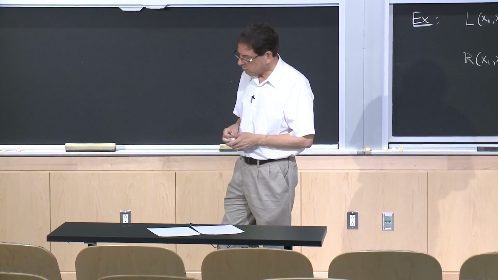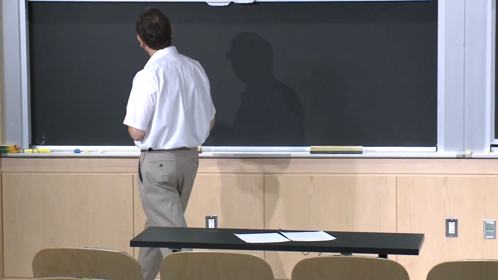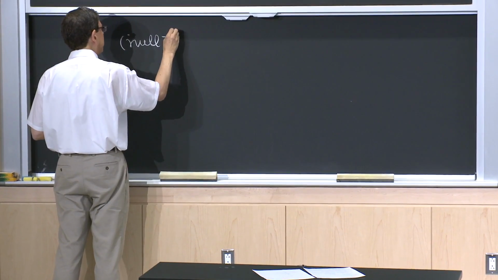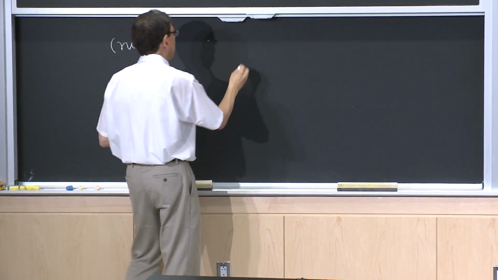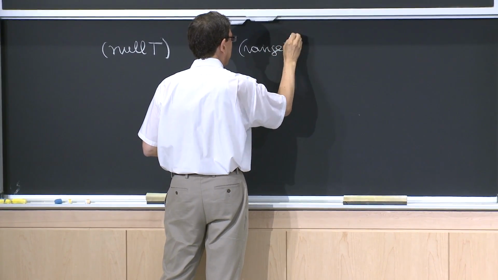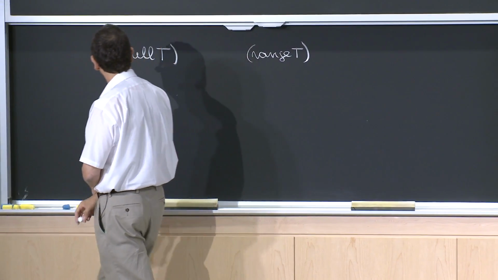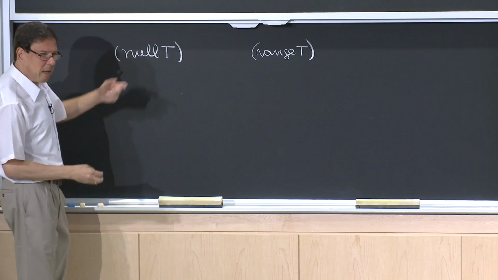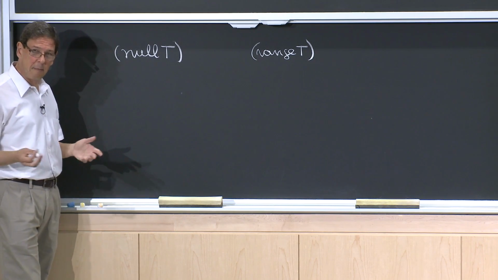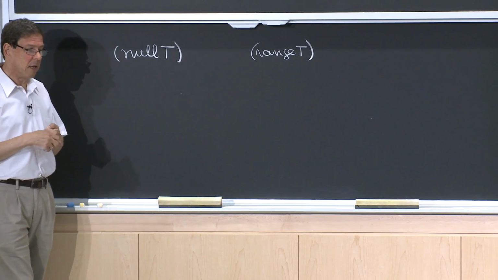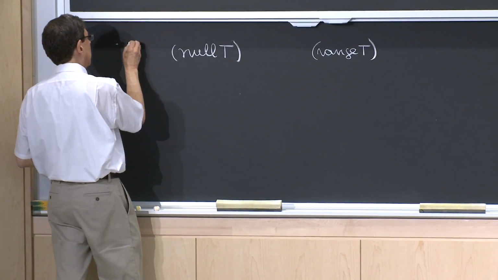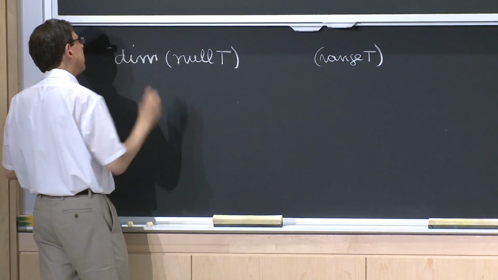So you can consider the null space of the operator, null of T, and the range of T. And you can say, well, the null space is a subspace, so it has some dimensionality. Maybe it's 0-dimensional if the operator is injective, but perhaps it's bigger. So it will, in general, have a dimension.